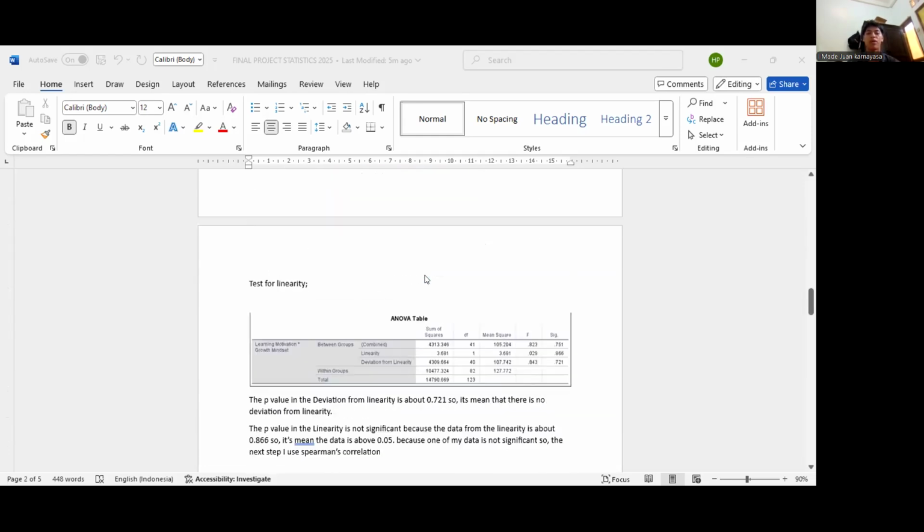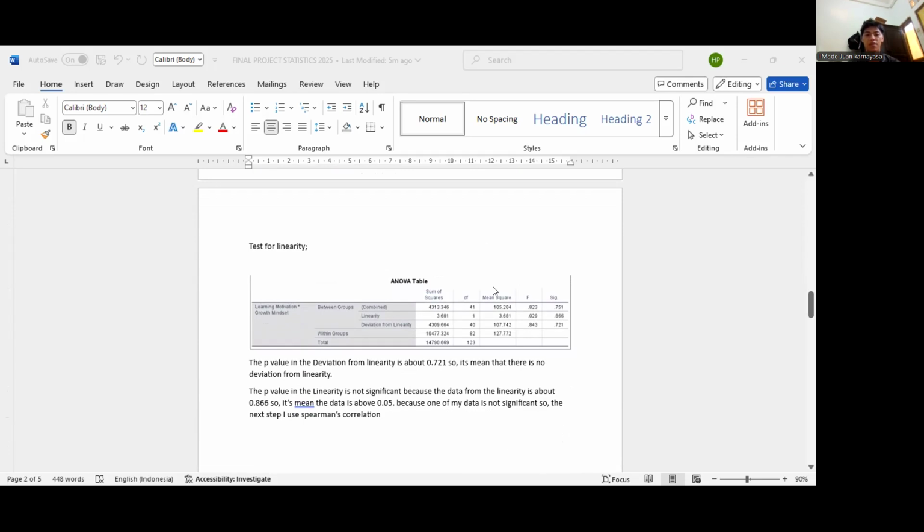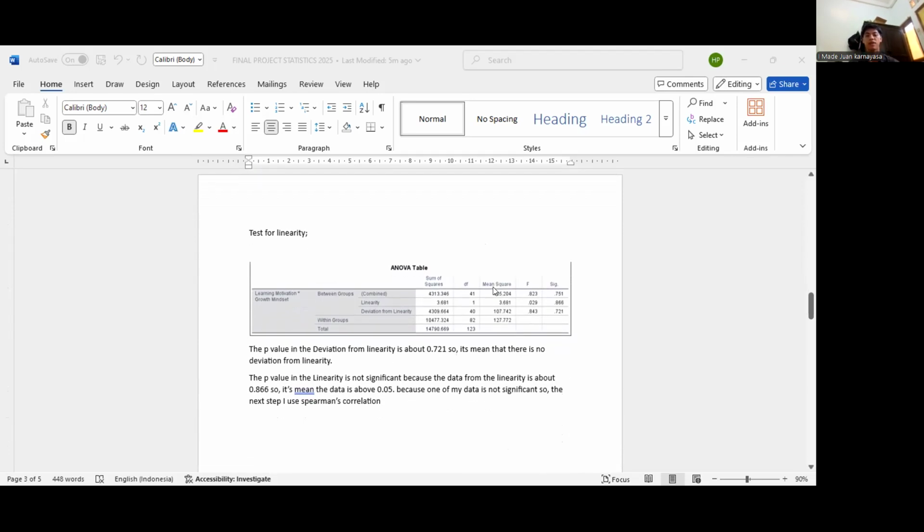The next step is linearity testing. As you can see from the data above, the first thing to check is deviation from linearity.